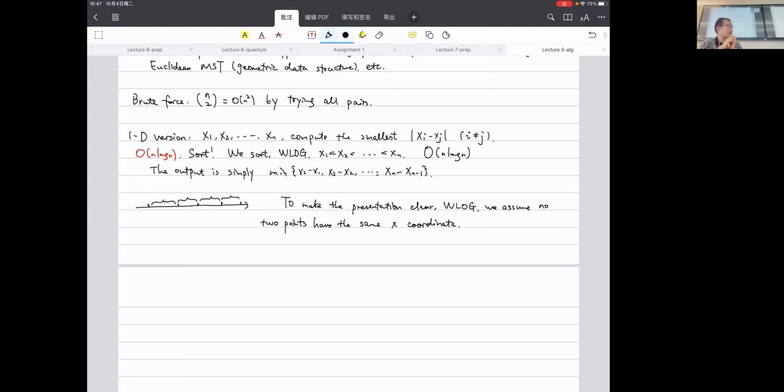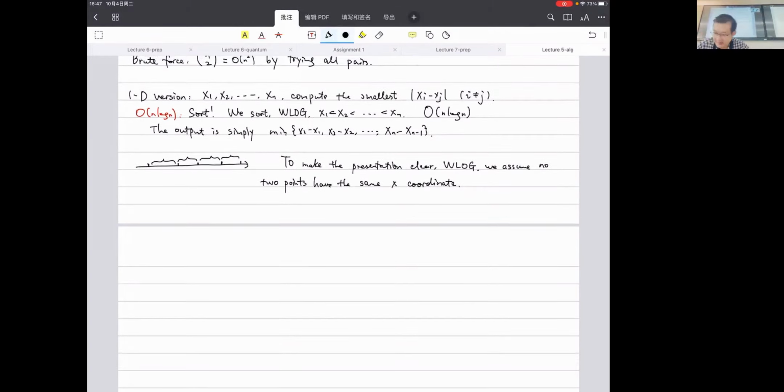What is a possible strategy to make the division? For this kind of problem of finding the closest pair, if your division is really dismantled into several parts, then it's quite difficult to figure out how this is going to reveal the closest pair. So a natural strategy for the divide is to draw a vertical line.